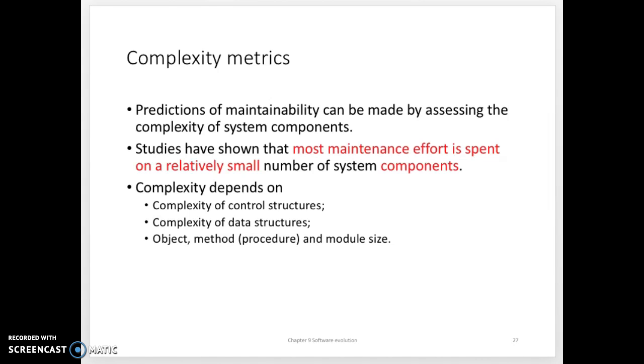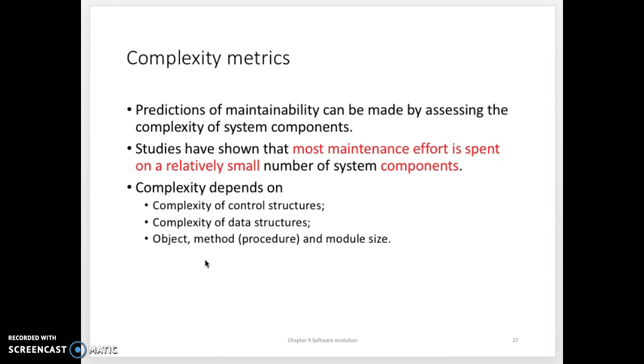Now, to measure the complexity of a system, we have complexity metrics which help us in assessing the complexity of system components. Certain studies have shown that most maintenance effort is spent on a relatively small number of components in the system, and this depends on complexity of control structures, of data structures, and objects or methods. So these are three different levels of complexity.